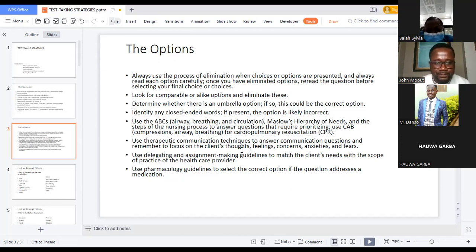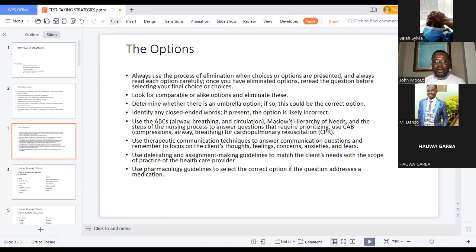Let's move ahead. Now, identify any close-ended words. Yes, when you read a question and the options, there are close-ended words. What are these words? We are going to see them. Words like always, only. You get it? In nursing, you don't say 100% is always.